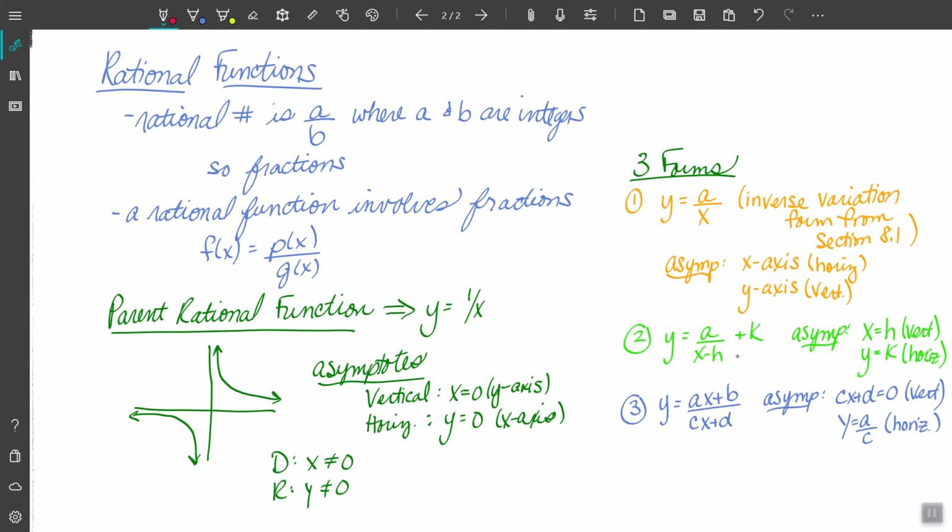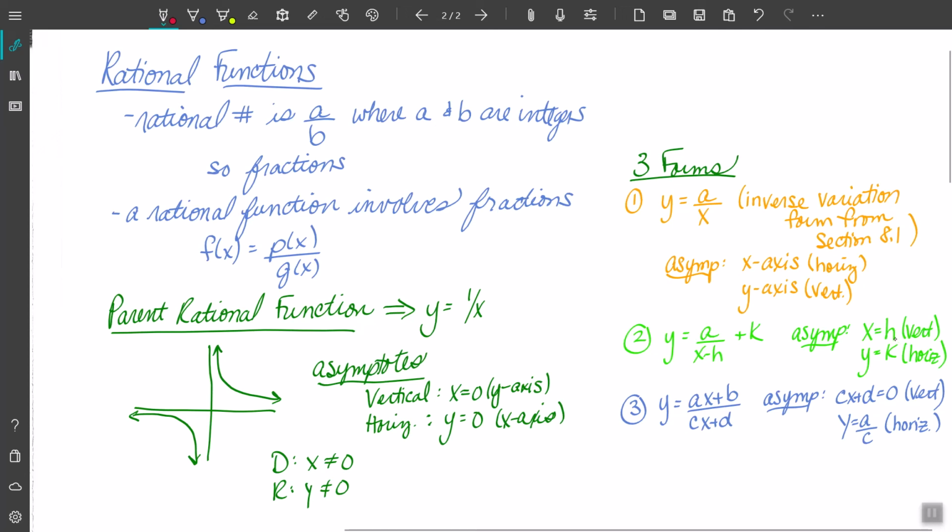You can see your h and your k values show up here. So that would be if there's horizontal shift or vertical shift or both. All right, if there's no horizontal or vertical shift, that's when we end up with the form that looks like number 1. All right, so if they're shifting, then your asymptotes are going to change, of course, because we're shifting left and right, up or down.